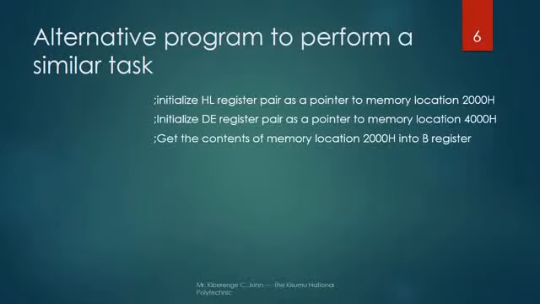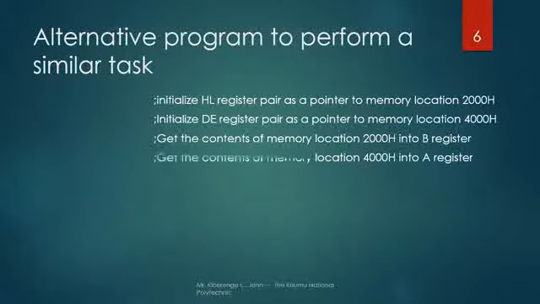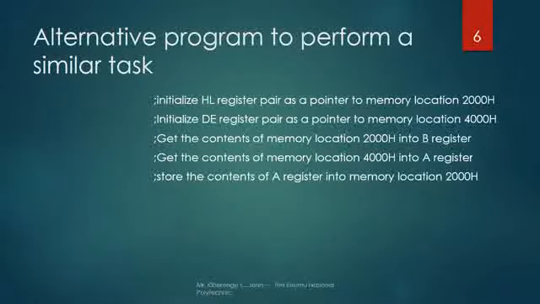The next step would be to get the contents of memory 2000 into register B. Then we get the contents of memory 4000 into the accumulator with the help of the pointers that we have already initialized.